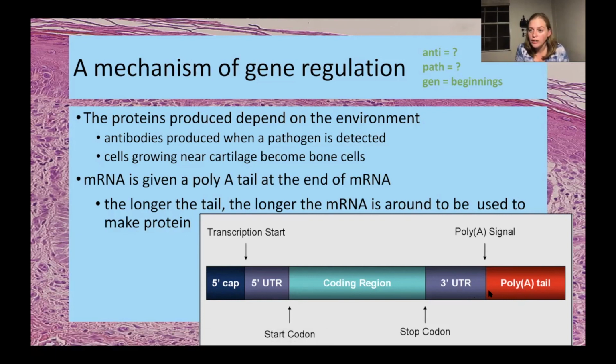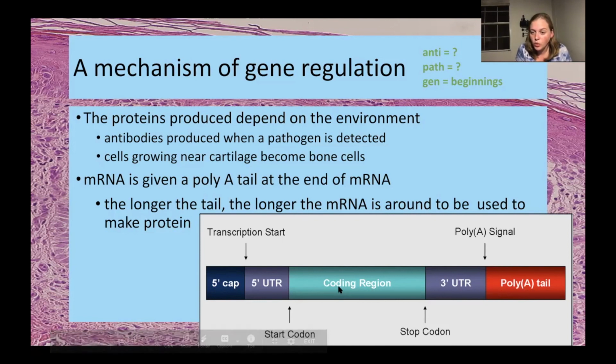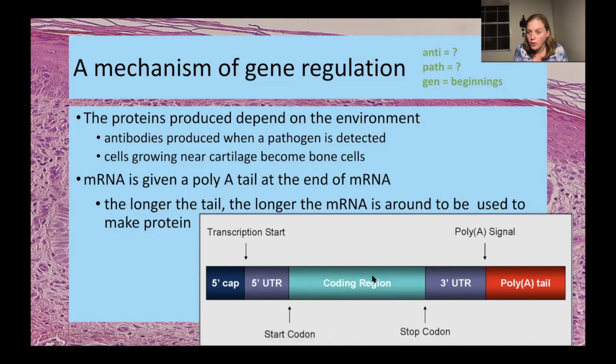And the longer this poly-A tail, then the longer it's going to take to eat through and get to this coding region where the protein is actually being coded for. So we're being eaten away from this end until we get to this coding region. Once this is eaten away, then the protein can't be made anymore. And that's going to determine the amount of protein that can be made.